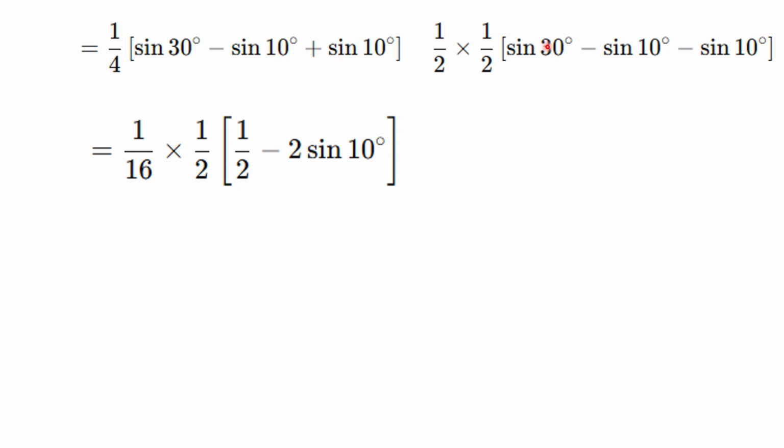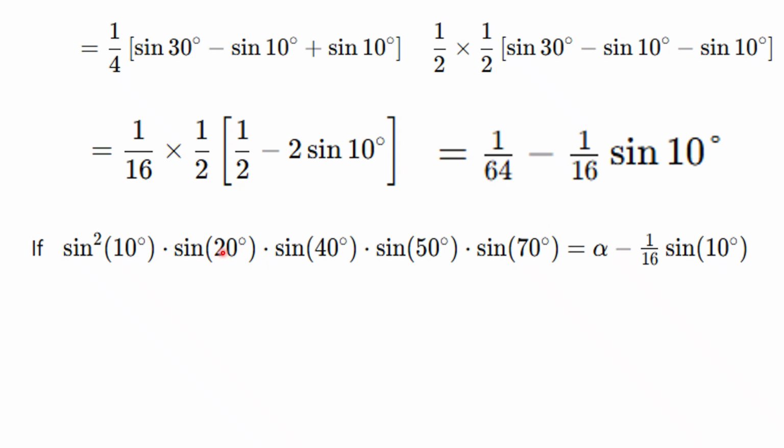And in the second term, we have sin 30 is 1 by 2 here, minus sin 10 is nothing but minus of 2 sin 10 degrees. When you multiply by 1 by 32, that is 1 by 16 into 1 by 2 is 1 by 32, multiply by 1 by 32, that is we are removing the bracket. So we get 1 by 64 minus 1 by 16 into sin 10 degrees.